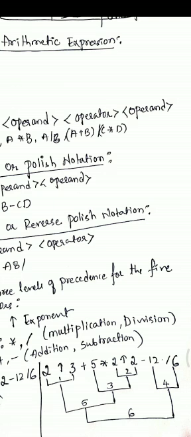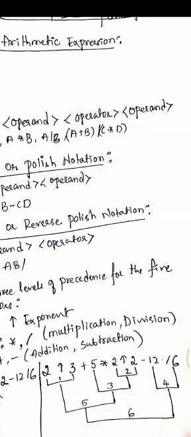So the overall result of this expression we get like this while evaluating. 2 exponent 3 is 8, 2 exponent 2 is 4, so the expression becomes 8 plus 5 into 4 minus 12 by 6. Next we evaluate 5 into 4, so the expression becomes 8 plus 20 minus 12 by 6.